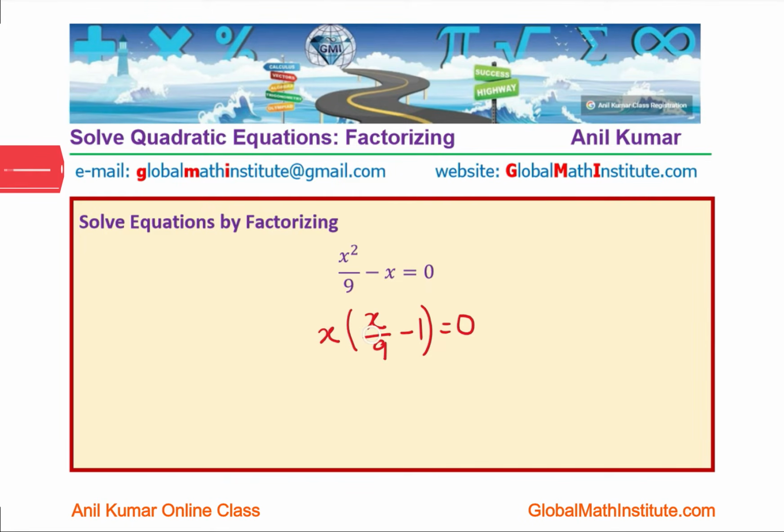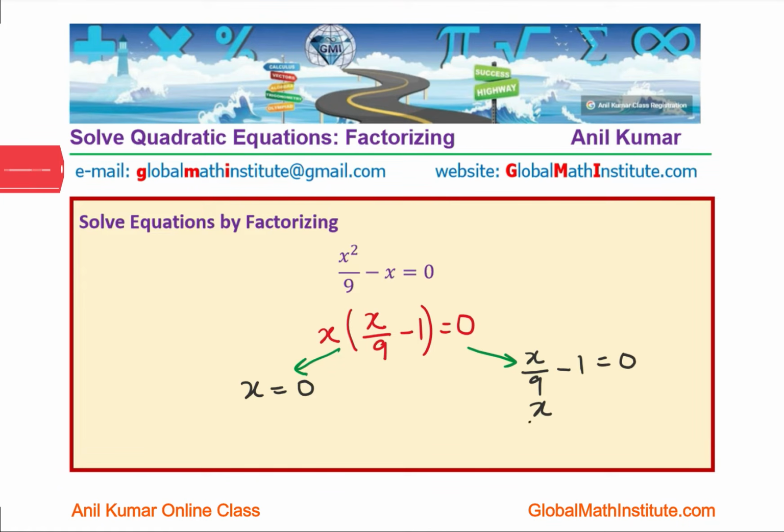So clearly now we have two factors, and to find the answer, what are we going to do? Equate each factor to 0. Is that clear to you? So if you equate x to 0, you definitely get one answer, and the other one is x over 9 minus 1 equals to 0. So now you have to work on it.